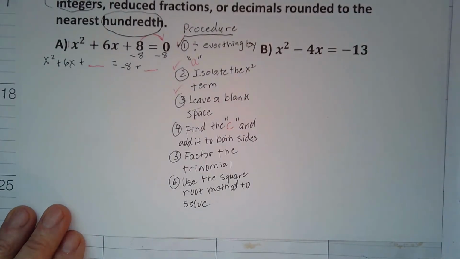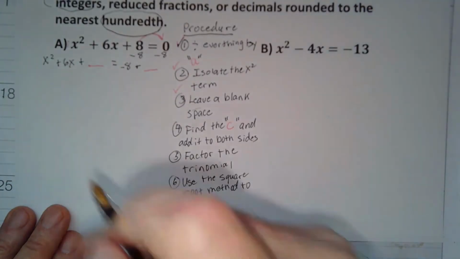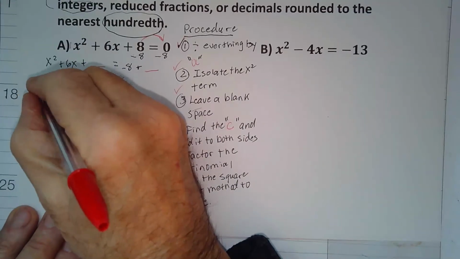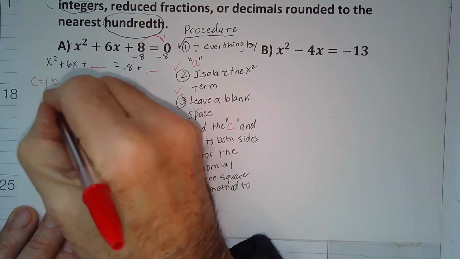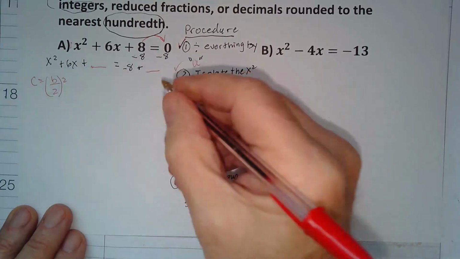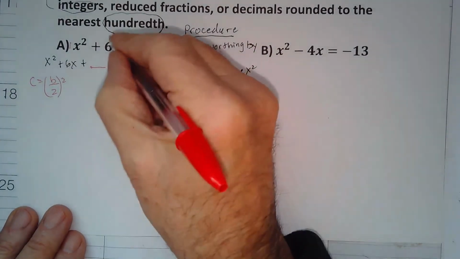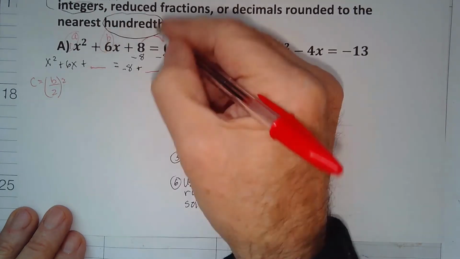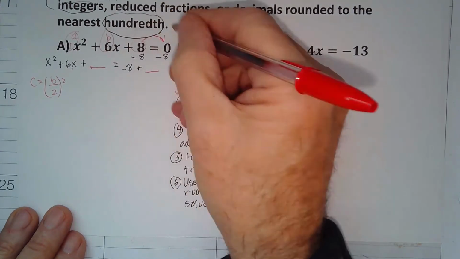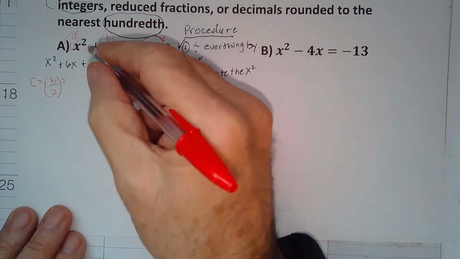All right, now we need to find the c, which we're going to use to fill the spaces in with. So let's use red. C equals b over 2 squared, we said. So in this case, what is b? This is the b, this is the a, right? It's not the c because we were changing it, so we're not going to worry about that.